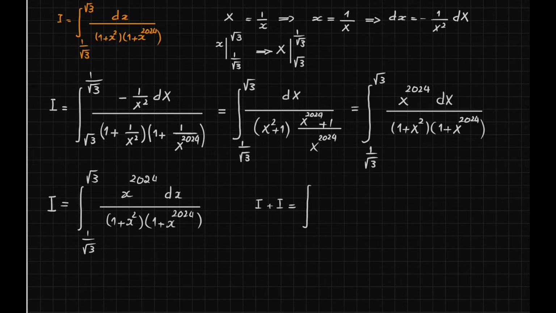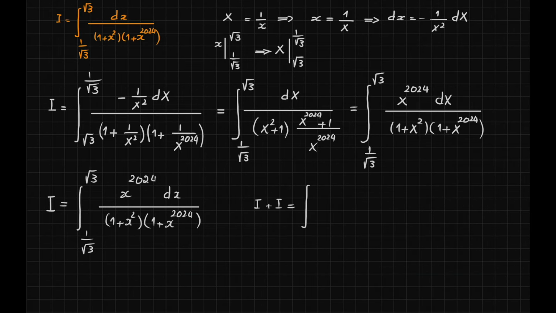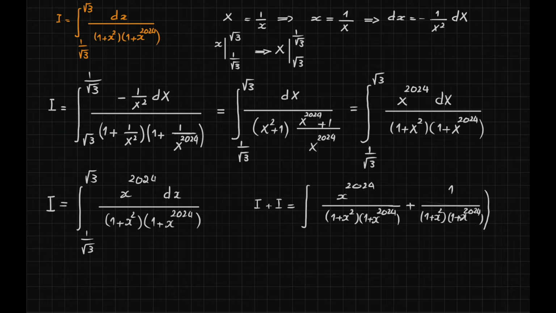So I can add the integrands: this is the integrand of the second integral, plus the integrand of the first integral, and the whole thing dx. And of course the limits are the same.